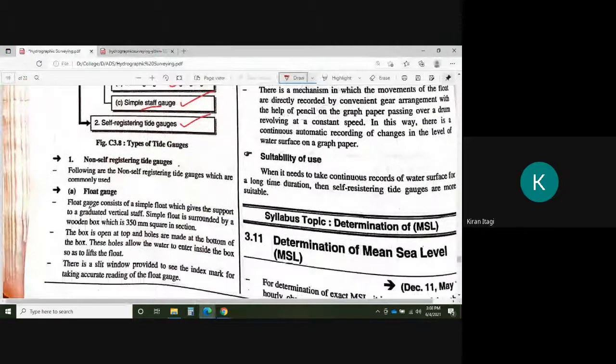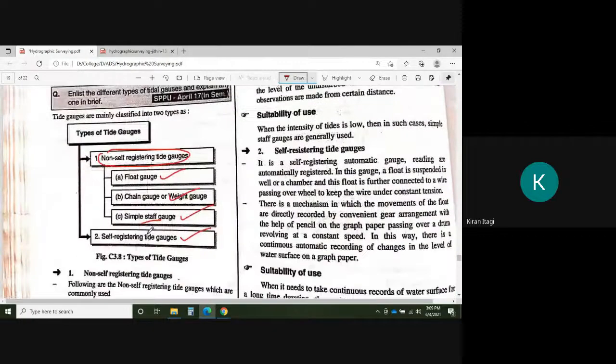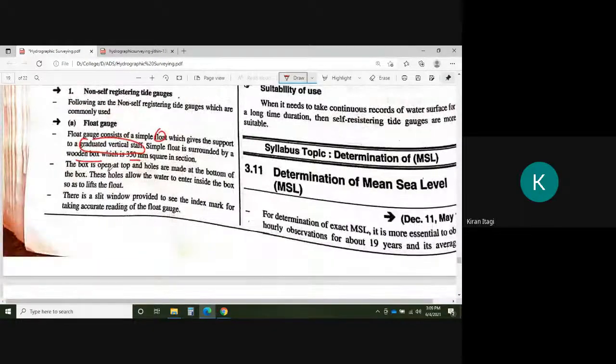The floating gauge consists of a simple float, which gives support to the graduated vertical staff. The float is surrounded by a wooden box which is 350 mm square in section. The box is open at the top and holes are made at the bottom of the box.